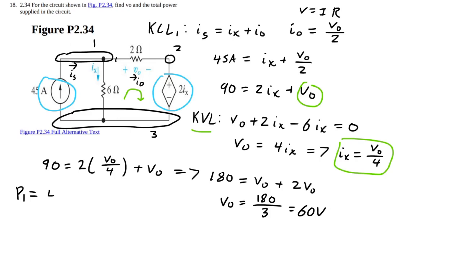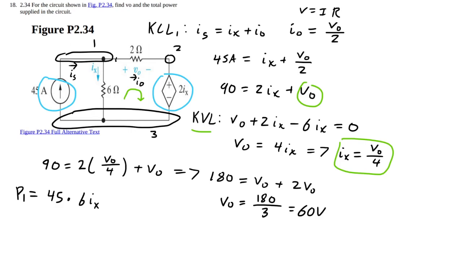So we have 45 amps times the voltage drop across this resistor, which is going to be 6 ohms times IX.